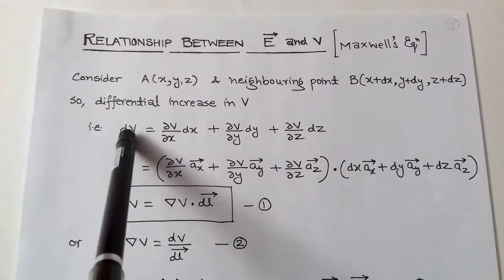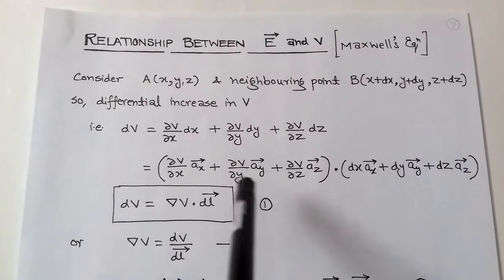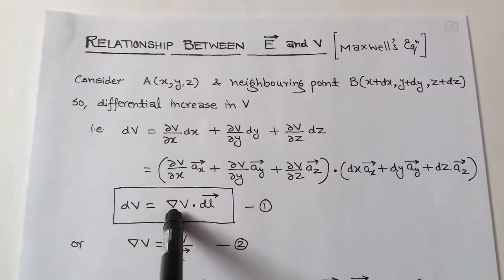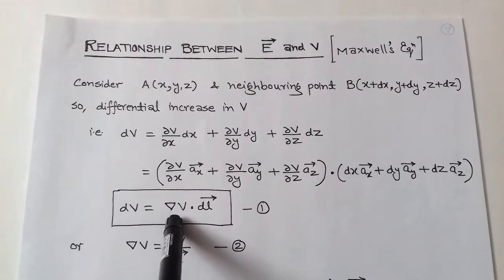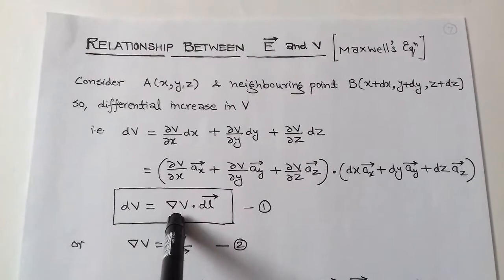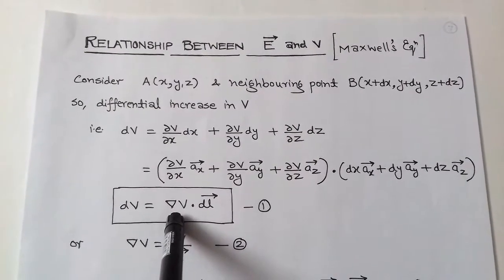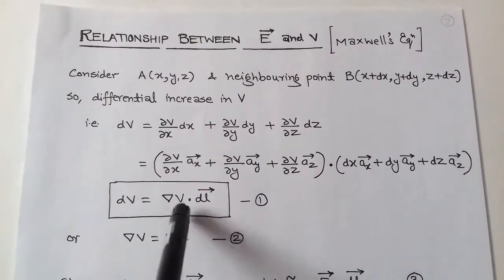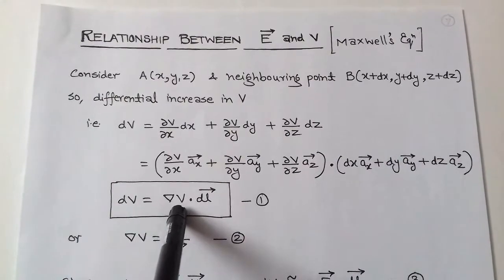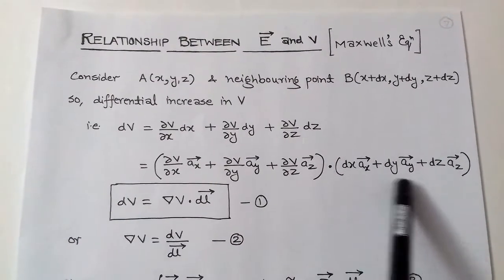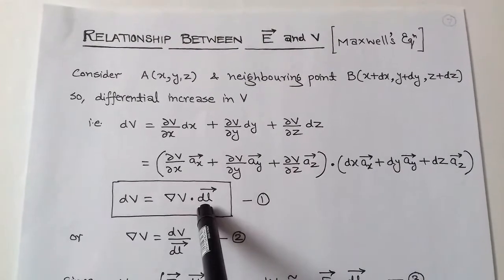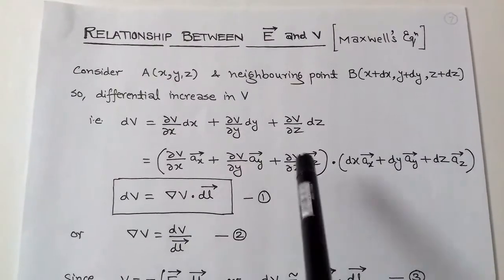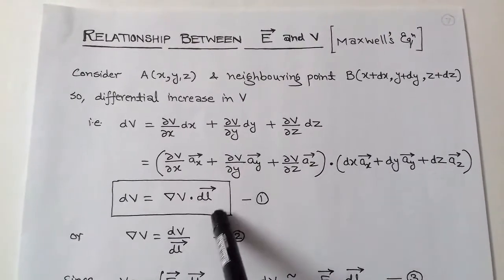Means when you calculate the dot product of these two, we get dV in this form. The first is called the gradient of a potential, means gradient of a scalar. The gradient is an operation performed on a scalar quantity, and the second one is the formula of differential length in the Cartesian coordinate system.